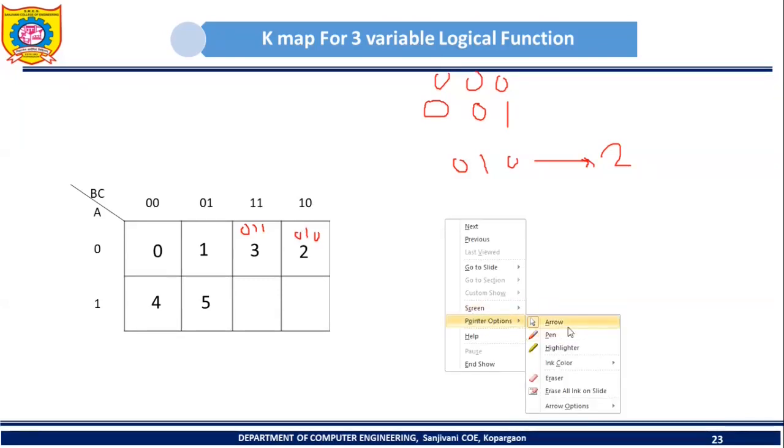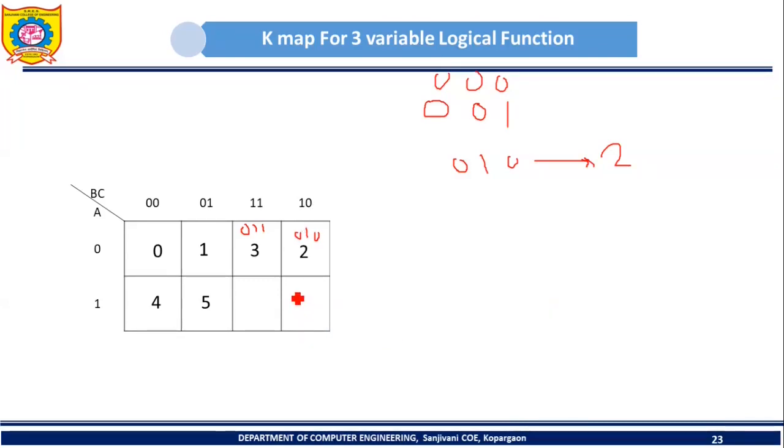Okay, for this last cell, the input combination is 1 1 0. So this is a binary number. Convert it into decimal, you will get 6. Okay, and where will I have 7? This cell will correspond to input combination 7. See, 1 1 1. Okay, so this is the arrangement of a 3 variable K-map.